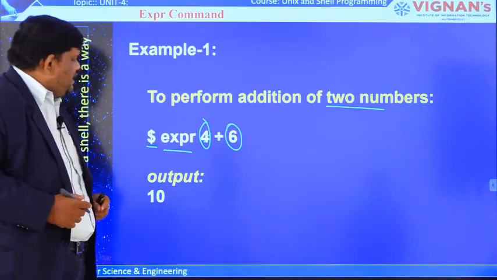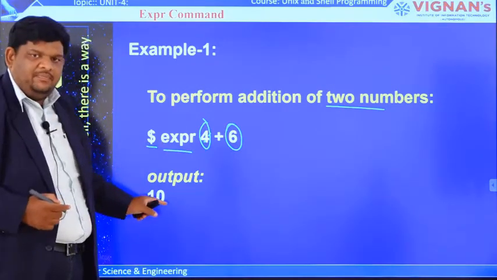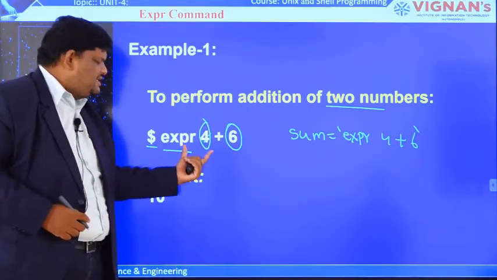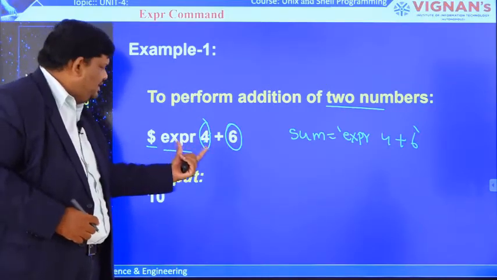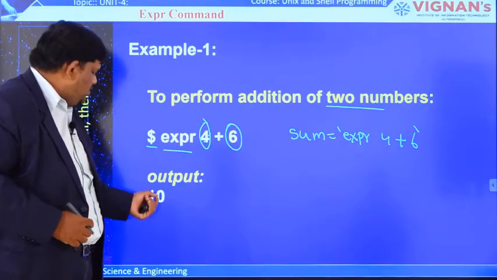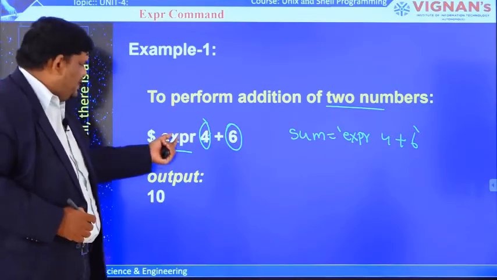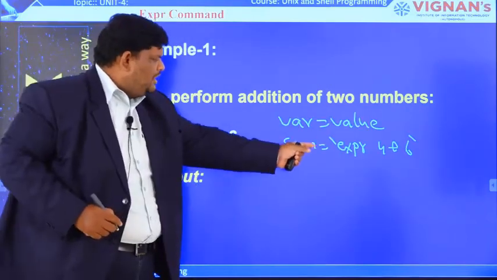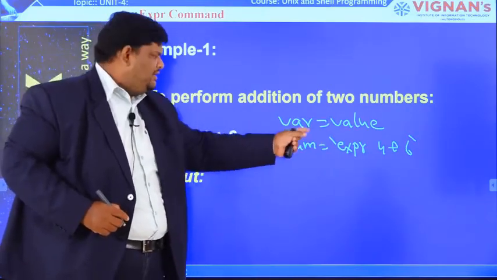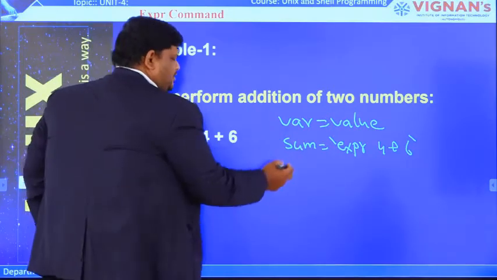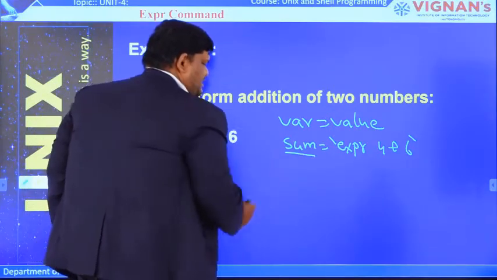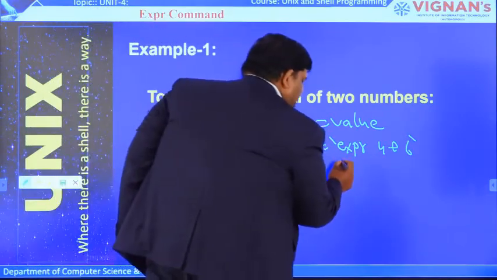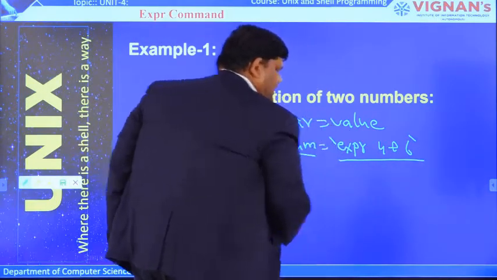If you want to hold this value, then we can write in another form. This EXPR form is just the normal form. If we evaluate like this, it just prints the output on the screen. That means if you write like this, we can't hold the result. If you want to hold the value of the expression, we have to write in the form variable equals value. Consider the variable sum. In the place of value, we write the EXPR command.